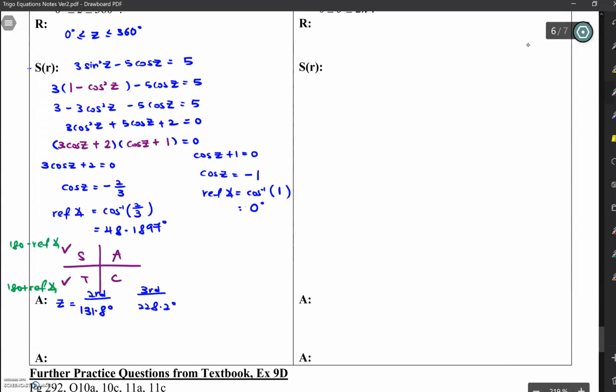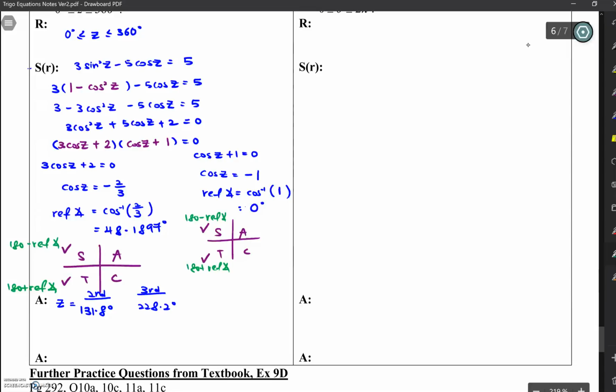Okay, so same way we'll do our ASTC again. In order for my cosine to be a negative value, which quadrant would it be? Negative value. So it will be the second and third quadrant. So similarly, I have my 180 minus reference angle or 180 plus reference angle here.